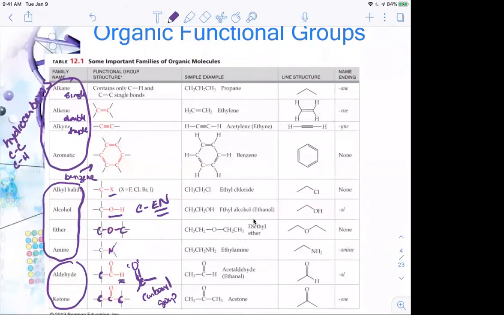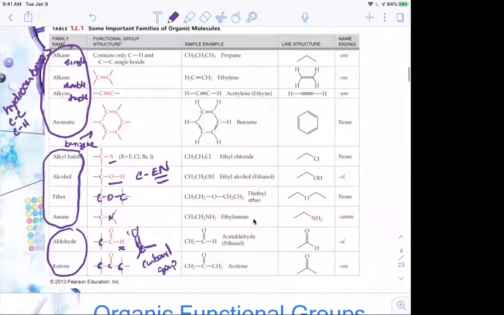So you can actually sort of look at these structures and look for commonalities and look for ways to remember them without memorization. If you kind of chunk them into different groups based on the characteristic atoms in the functional group, then it'll make it easier to remember all these different ones.